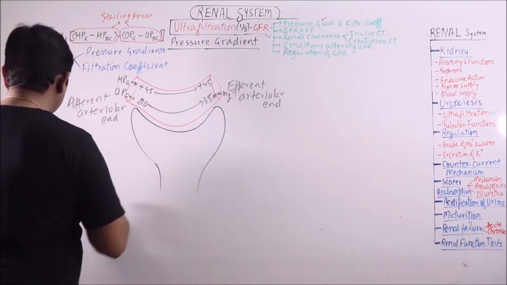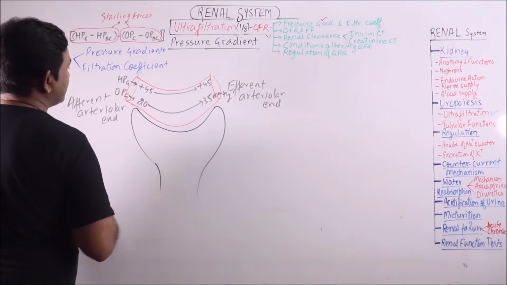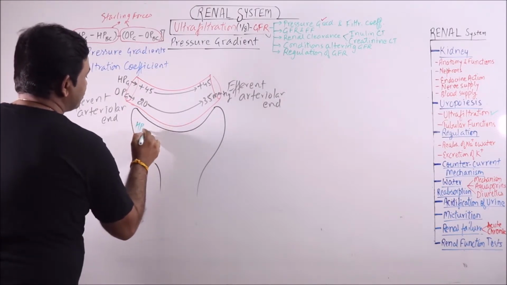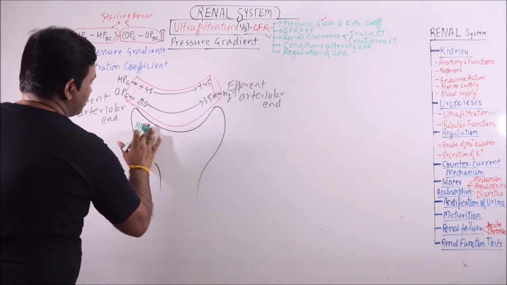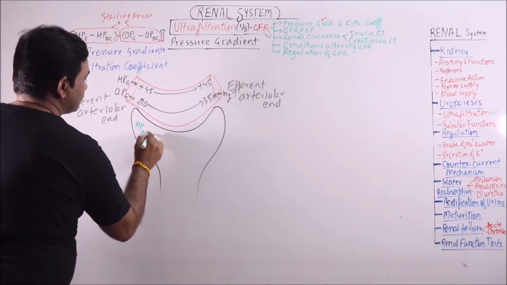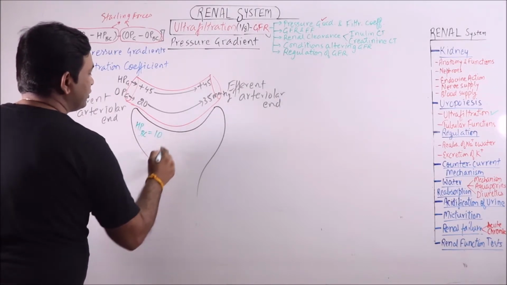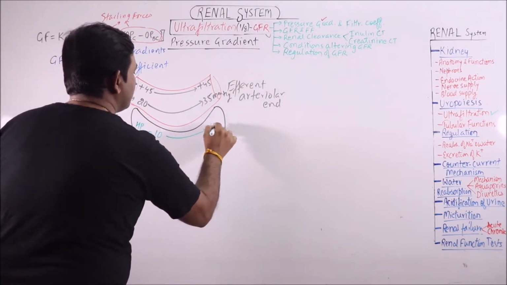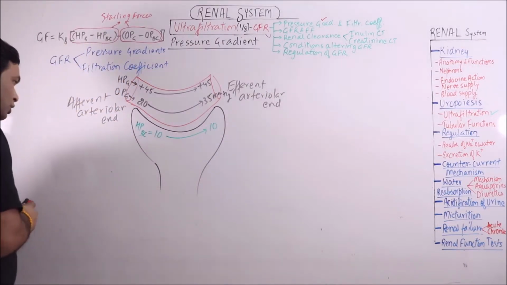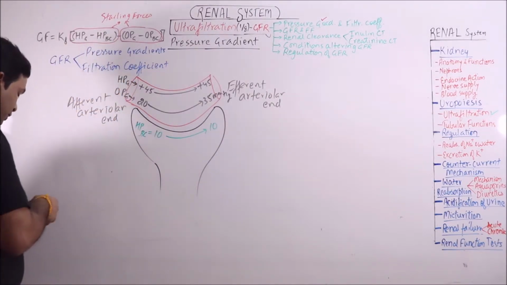Then the hydrostatic pressure in Bowman's capsule is 10 millimeter of mercury, which remains 10 throughout the Bowman's capsule.